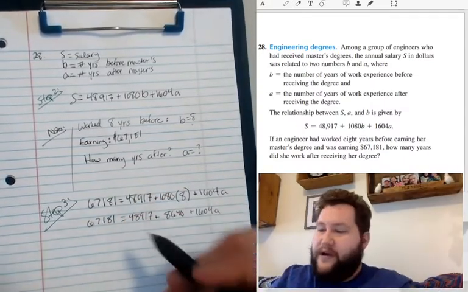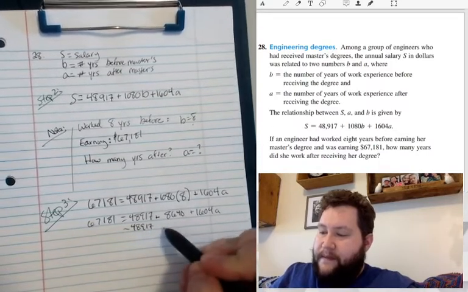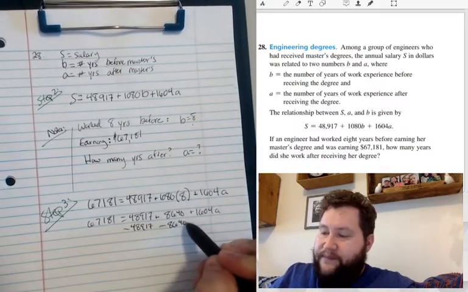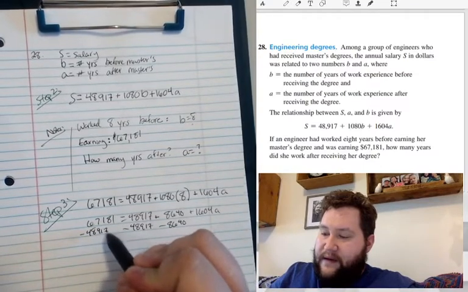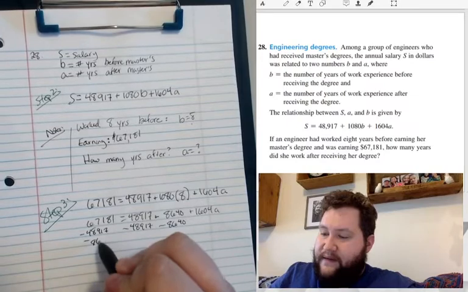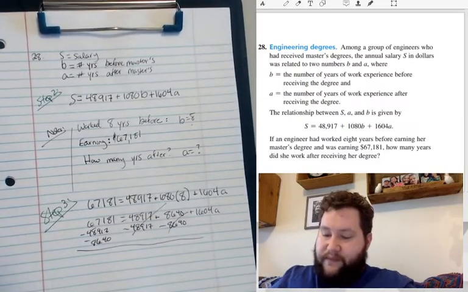And now I'm just going to go ahead and subtract both of these over. 48917 minus 8640, so minus 48917 minus 8640. Those will cancel. Let's go ahead and put this in. $67,181 minus $48,917 minus $8,640.